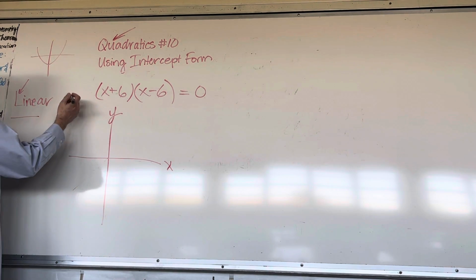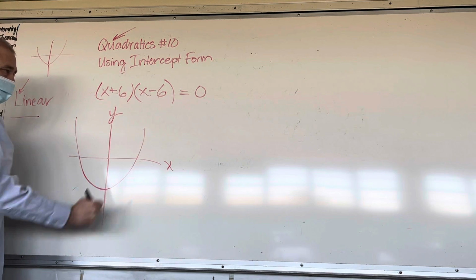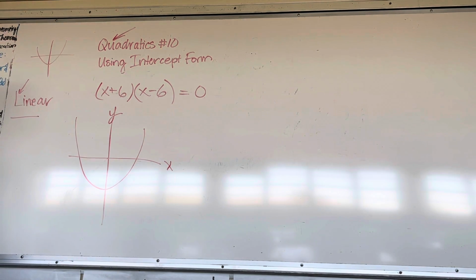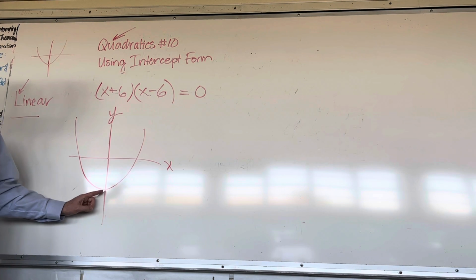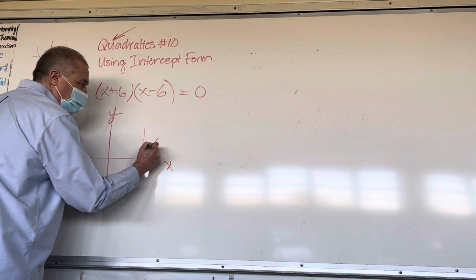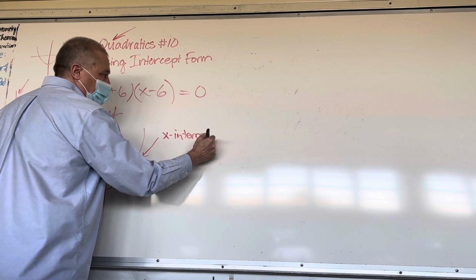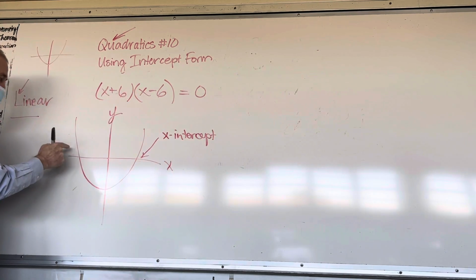So if there's something in here and it crosses like this, where is it crossing the x-axis? And where is it crossing the y-axis? So that makes sense that this would be called an x-intercept. Fair enough? Same with this one.